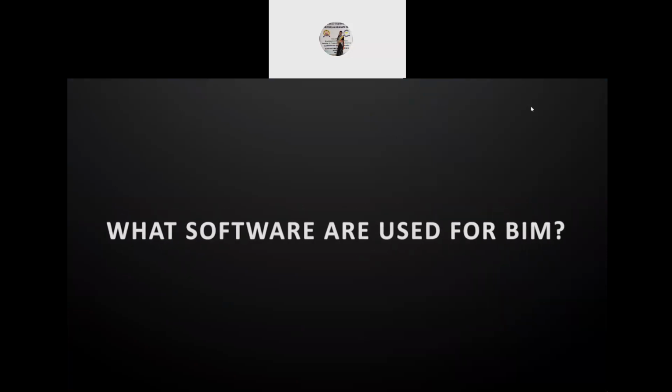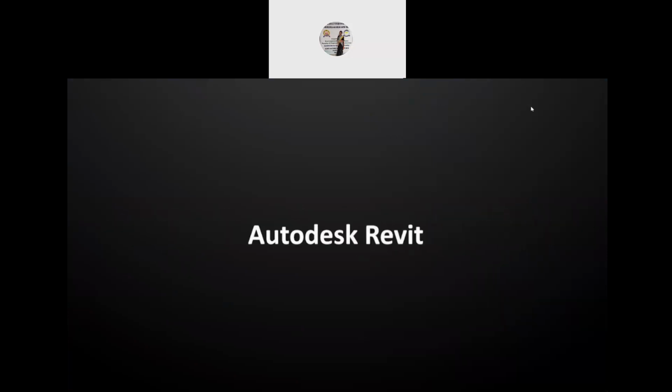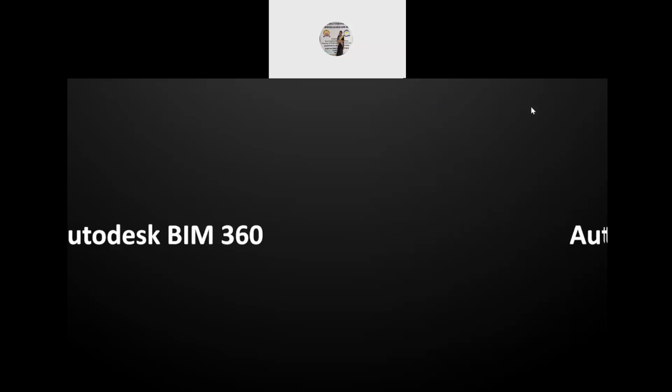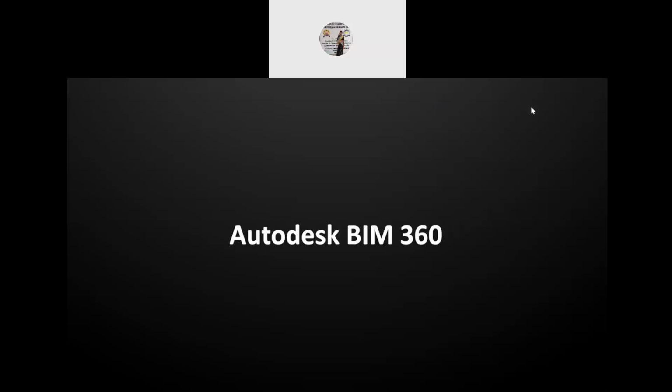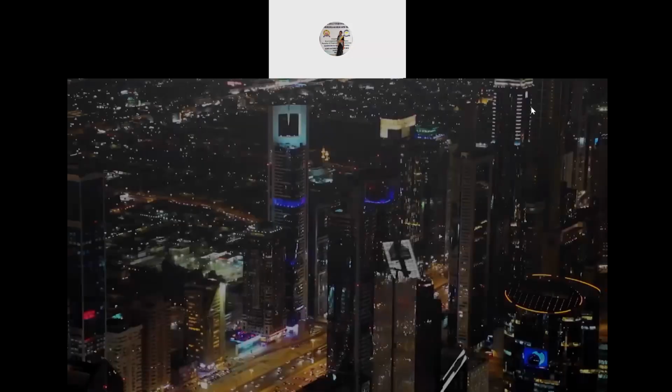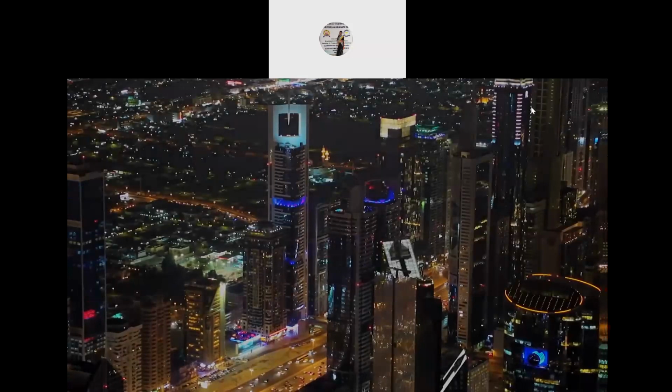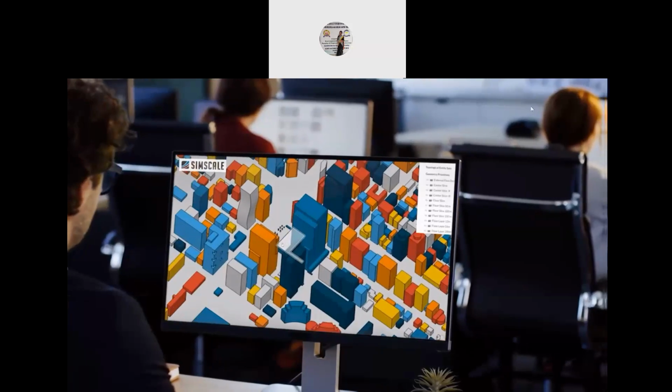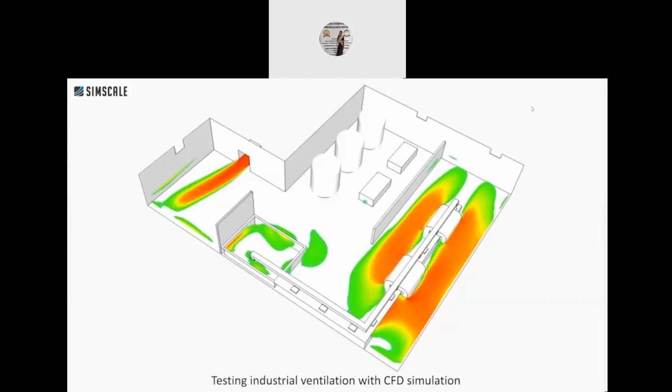The most known BIM software solutions are Revit, Navisworks, Autodesk BIM 360, SketchUp, as well as ArchiCAD and Vectorworks Architect. As technology continues to advance, computer-aided engineering, CAE, software is also becoming part of the construction industry.